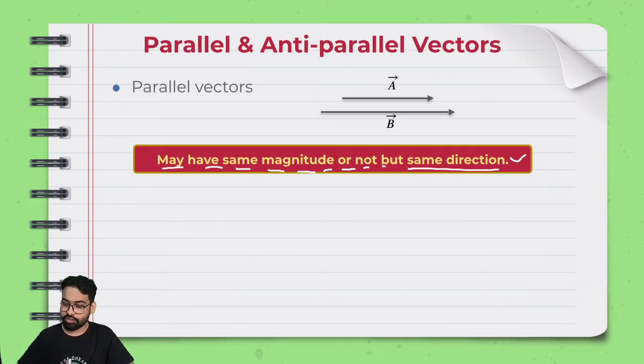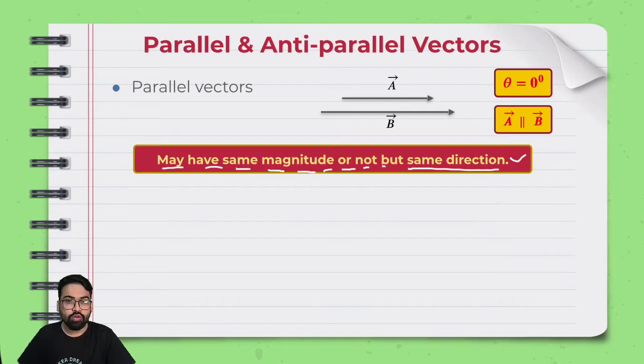What we'll say in this case is that the angle between the vectors is 0 and that vector a is parallel to vector b. Even if the length of vector b was from here till here, still a would have been parallel to b. In that case, the magnitude was the same, and it becomes equal to b. So I hope you are getting the difference between an equal vector and a parallel vector. It's just that the magnitude is a little different.